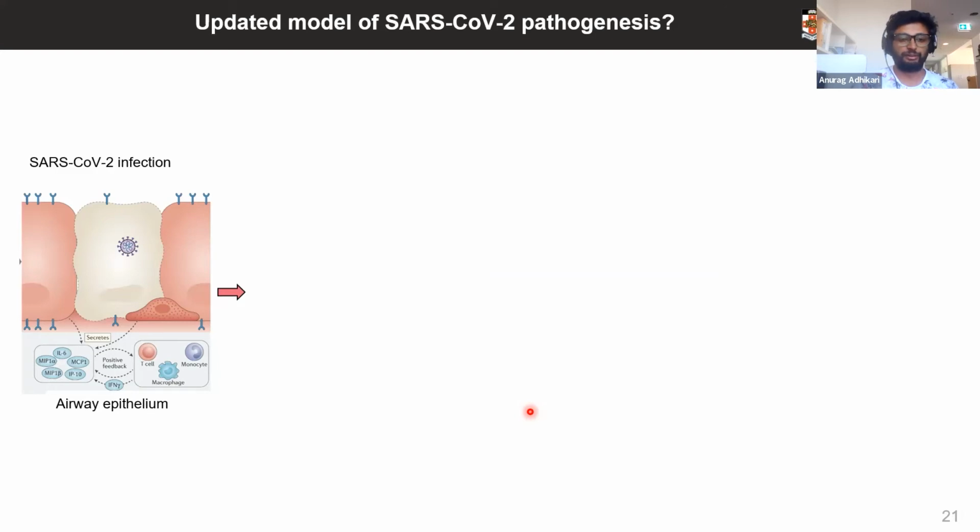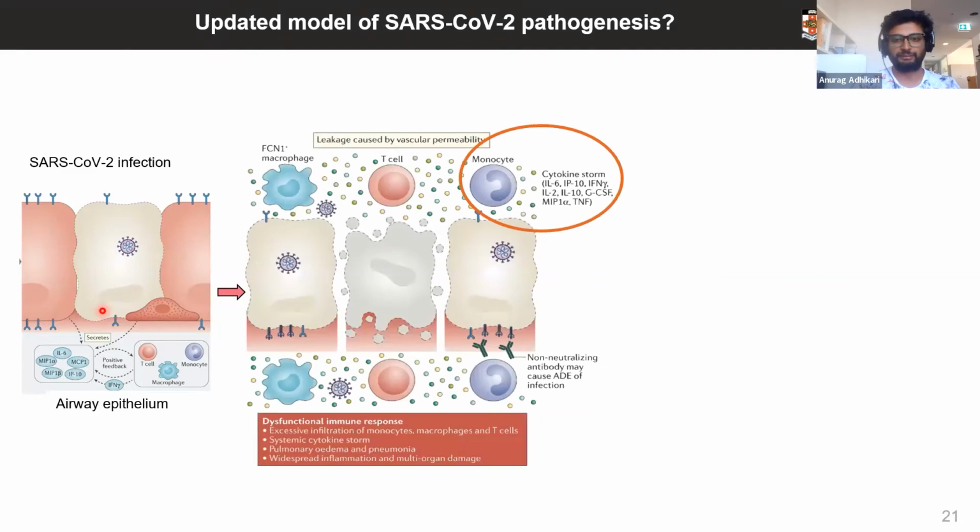So basically, what we want to do, we haven't done it yet, is update this model of SARS-CoV-2 pathogenesis, starting from the airway epithelium, let's say. If you have different antibodies that are either neutralizing or non-neutralizing, the recruitment of innate cells could be different.